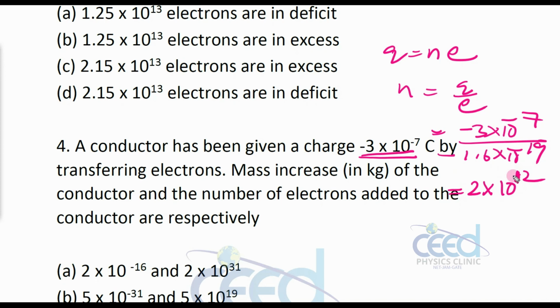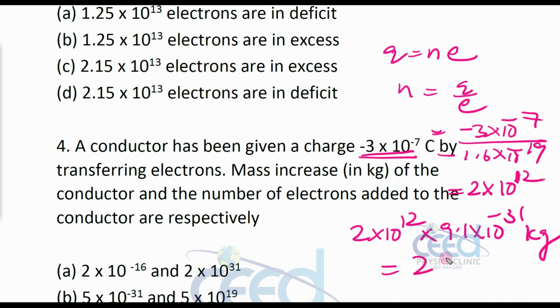So the net mass is 2 into 10 raised to 12 into one electron mass, that is 9.1 into 10 raised to minus 31 kg. When you solve this, you get approximately 2 into 10 raised to minus 18 kg. These are all approximate values.